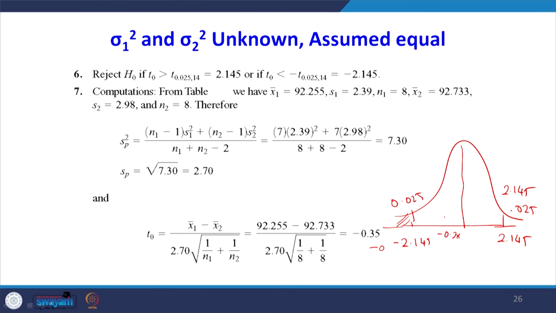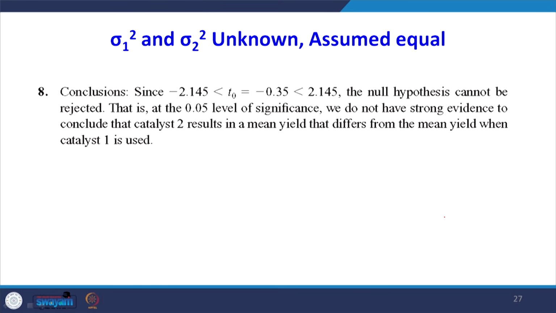So, we have to accept the null hypothesis. The null hypothesis cannot be rejected; at the 5% level of significance we do not have strong evidence to conclude that catalyst 2 results in a mean yield that differs from the mean yield when catalyst 1 is used.